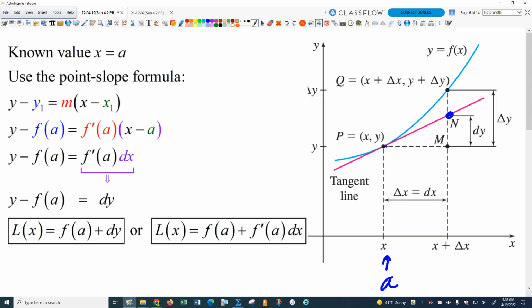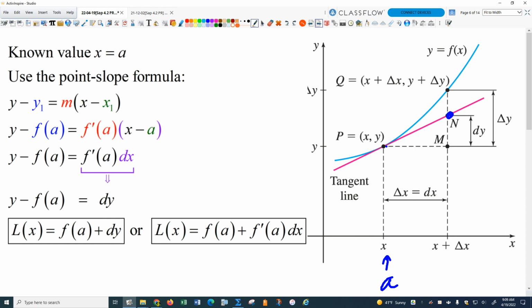Okay, so here's a good way to look at this. This whole process of finding this linear approximation or this linearization, really all it is us just doing stuff we already know. We're just going to use the point slope formula. Here's how I like to think about this. If I want to come up with some linear approximation, this tangent line, at some value a, then all I've got to do is use the point slope formula.